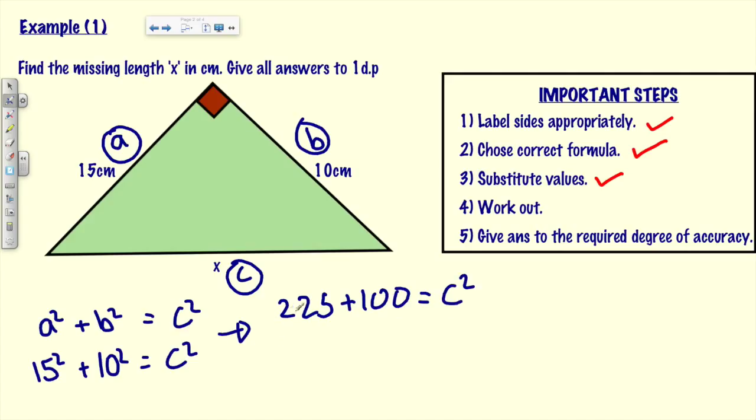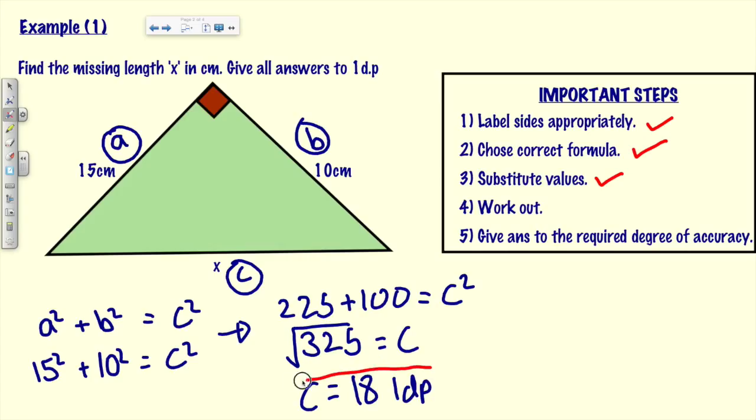So then what we can do is add these together to find out what c squared is, which will be 325. So if we square root that, then we'll work out what c is. This is the x that we're missing. And the square root of 325 is 18 to one decimal place.